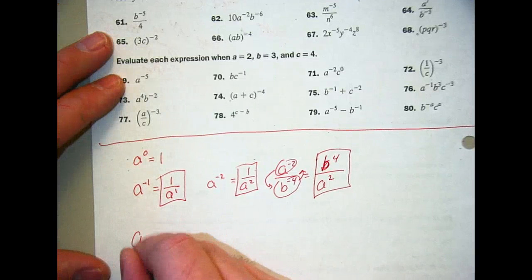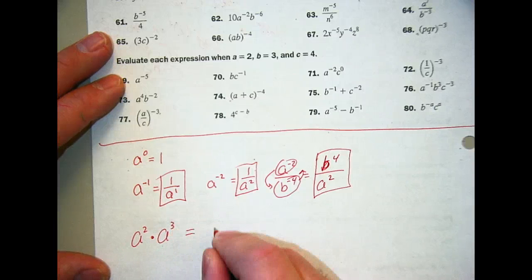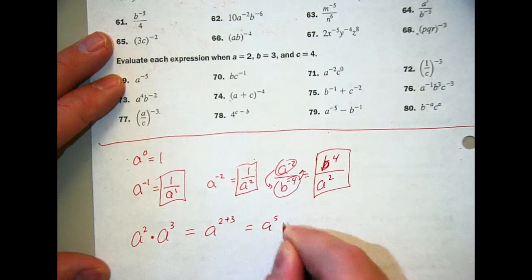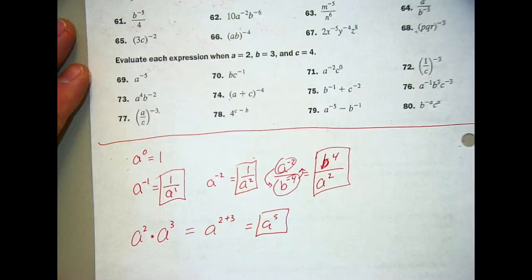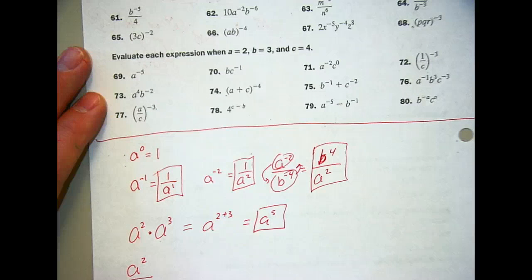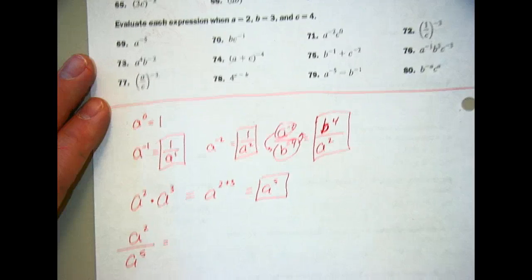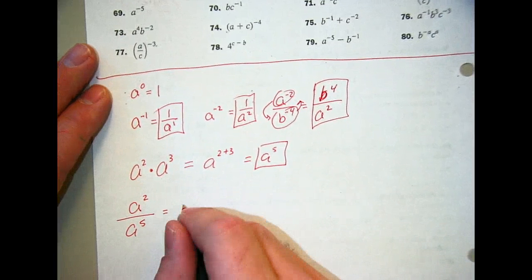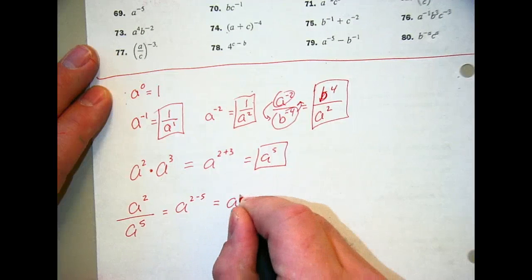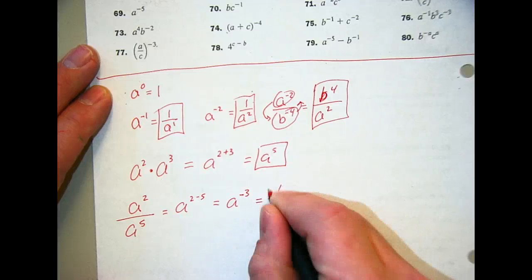Okay, if we have a to the second times a to the third, that is a to the 2 plus 3, which is a to the 5th. Thank you, Hannah. We had a to the second divided by a to the 5th. That is a to the 2 minus 5, which is a to the negative third, which is 1 over a to the third.